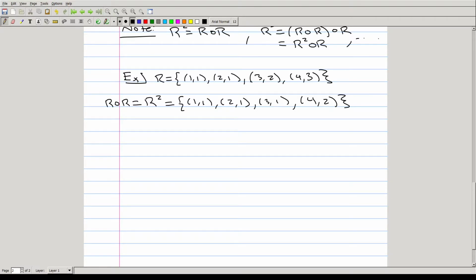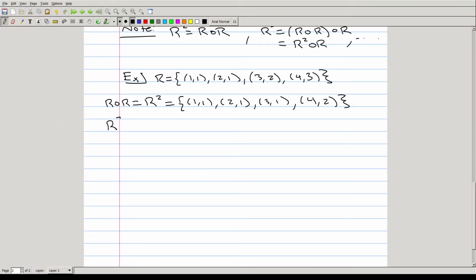There are no other elements that start with 1. (2,1) is in R, and (1,1) is in R, so we can connect these to get (2,1). (3,2) is in this set, and (2,1) is in this set, therefore (3,1) is in this final relation. Lastly, (4,3) is in this relation, and (3,2) is in this relation, so we get (4,2) right here.